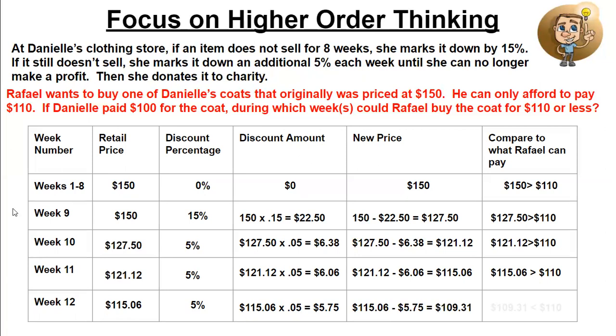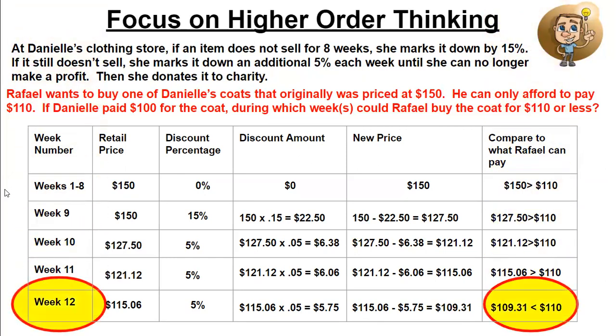Compare that to Raphael. $109.31 is less than $110. Raphael should now buy the coat because it's less than $110. There we go. If you wanted to figure out week 13, I believe you would find out that the cost would be probably less than $100 and she would donate it to Goodwill.